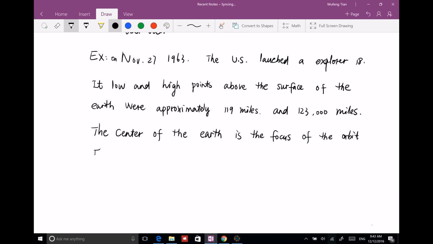Find the polar equation for the orbit, and find the distance between the surface. Okay.